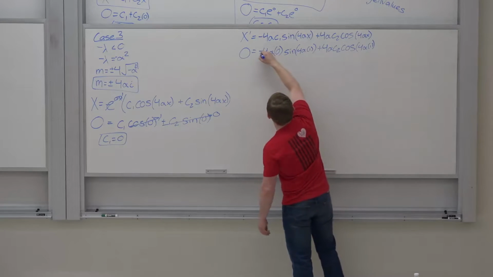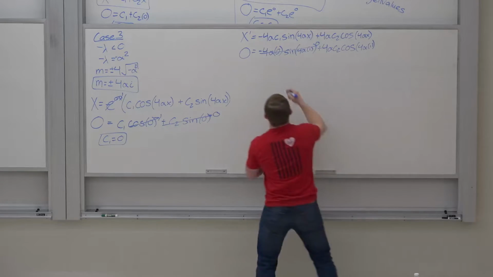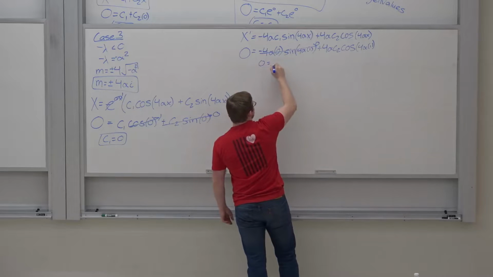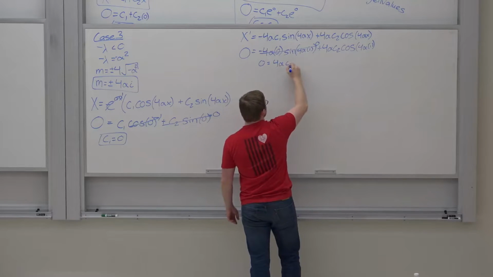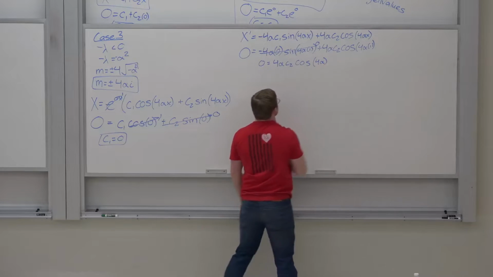So this whole first term goes to 0 because I have a 0 in there. And I'm left with 0 is equal to 4 alpha C2 cosine of 4 alpha.